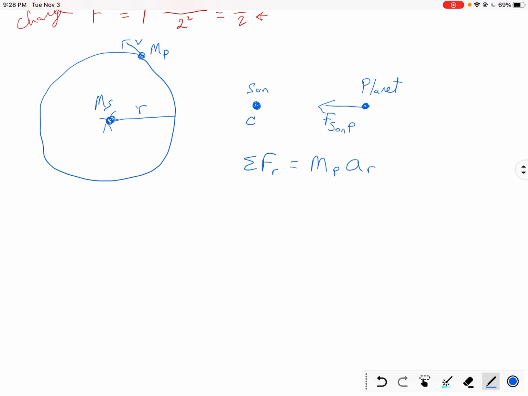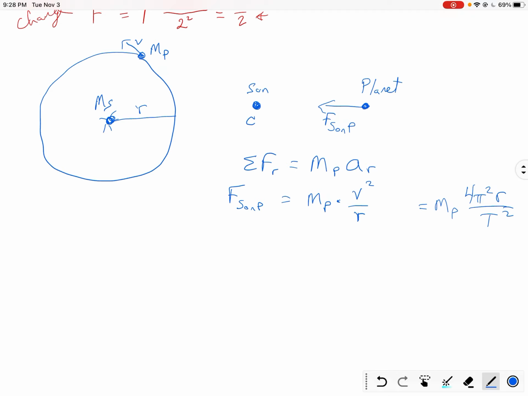Well, what is the force on the planet? Well, it's the one and only force that is acting on it. And we know that if it's in circular motion, constant speed, that our radial acceleration has to be v squared over r. There's another way to describe it. As we learned, it's 4 pi squared r over T squared. That's the other way to describe it.